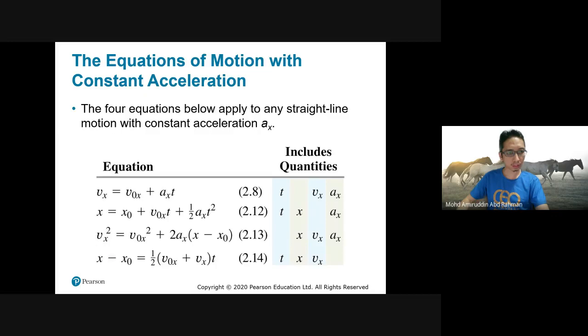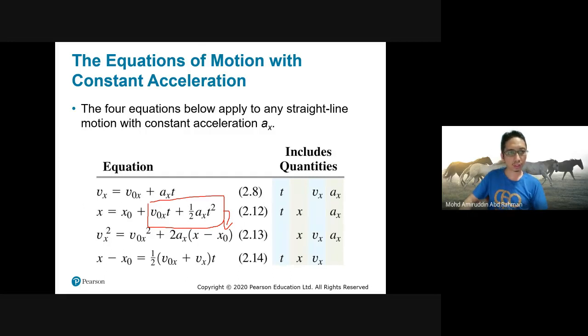When you multiply back, you have ax squared times 2, so you have ax squared t squared, and also 2 V naught x t ax. That's actually equal to that.